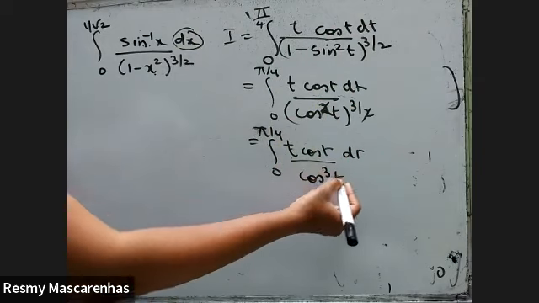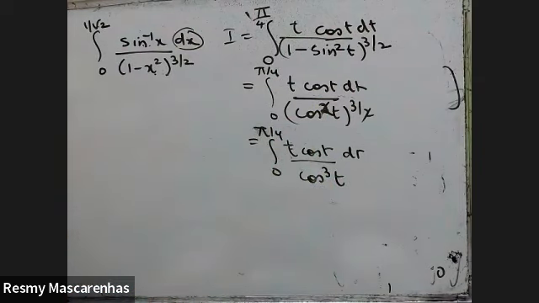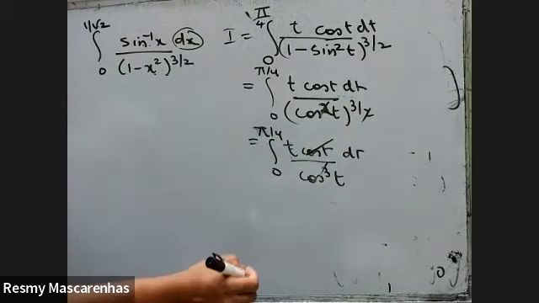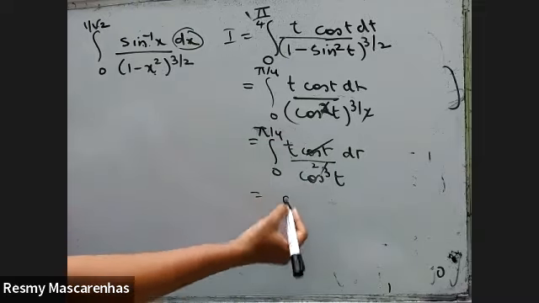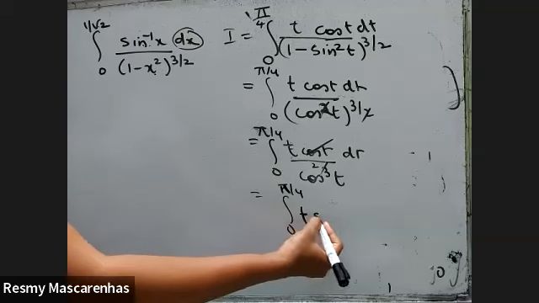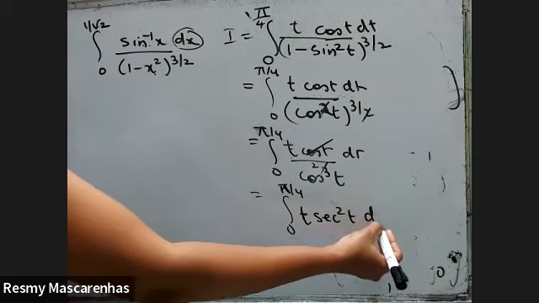Cos cube t, or cos t the whole cube, is cos cube t. So one of it will cancel. This will become square. So this is t sec square t dt.